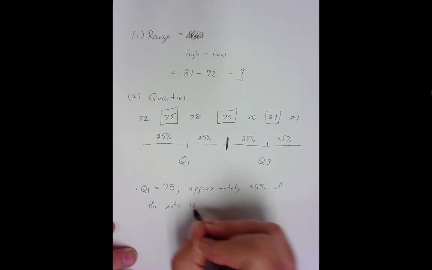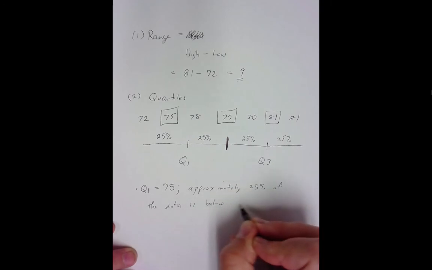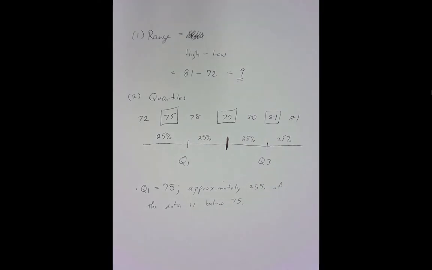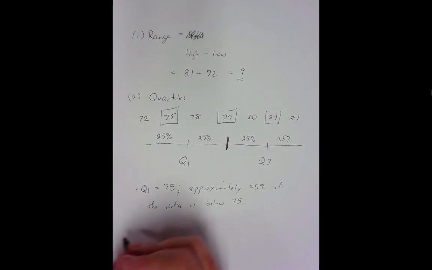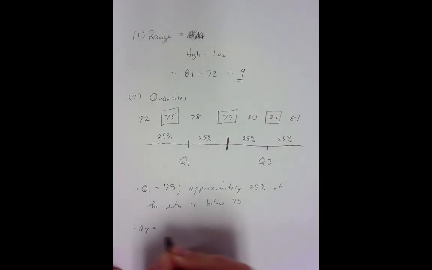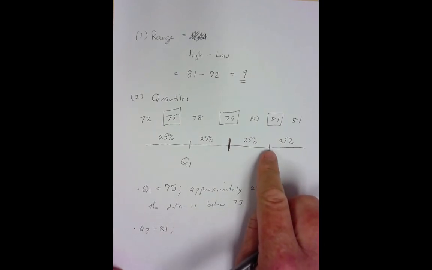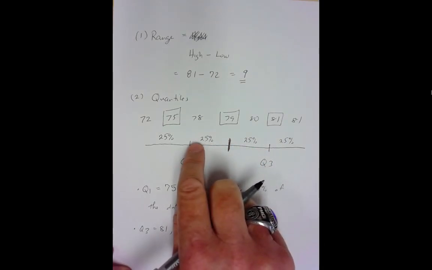Actually, it should be: 25% of the data is below 75, approximately. Because, you know, there's only 7 pieces of data, and 25% doesn't come out to a nice whole number. What can we say about Q3? Well, Q3 is 81. But in Q3, what do we have? Well, we have a 25 and a 25 and a 25.